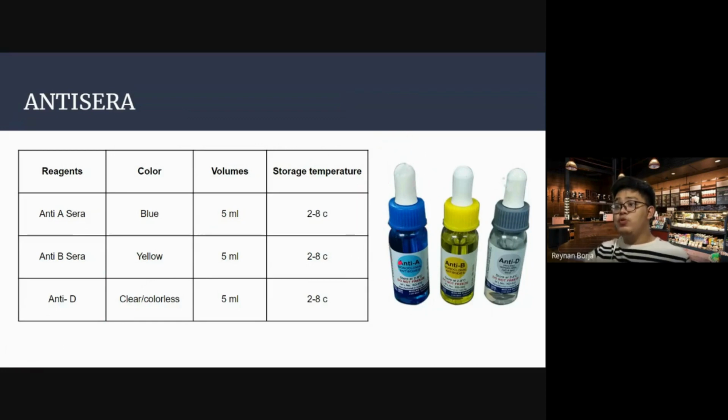Kaya siya color blue. Trypan blue. Si color yellow naman is your acriflavine dye. Kaya color yellow siya. Okay? Siguro research nyo na lang yung mga other dyes na ginagamit. Pero sa mostly nabasa ko is trypan blue tapos acriflavine dye for yellow. Okay? So wala siya dito. Okay.